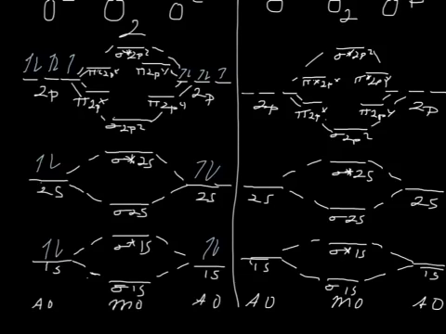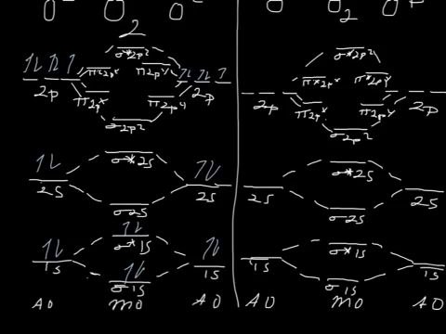So let's look down here first at the 1s orbital. The way this works is each of the 1s's from here and here are going to donate electrons down here and then up here. So we're going to donate 1 electron, 2 electrons, 3 electrons, and then 4 electrons.